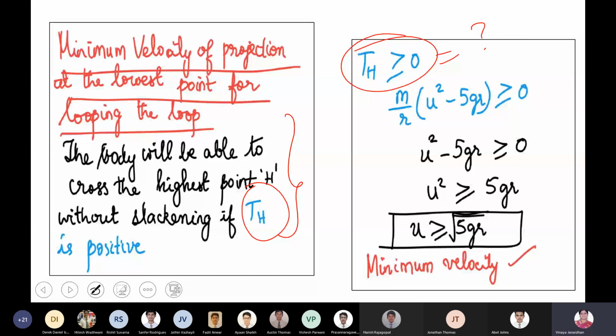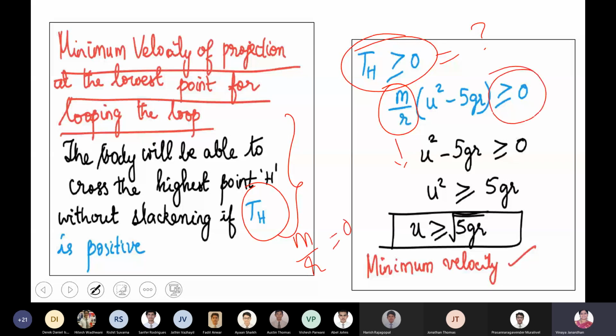Now why does m by r vanish in the next statement? Can someone answer? Because mass and radius are always positive. Can this be equal to 0?